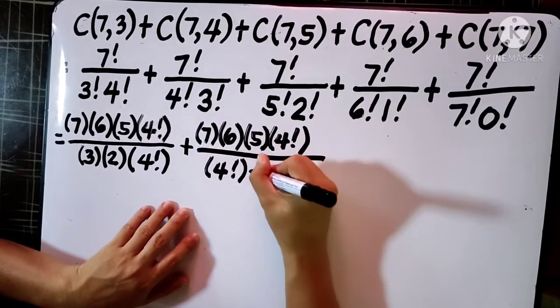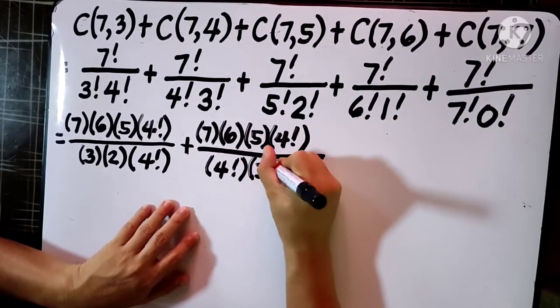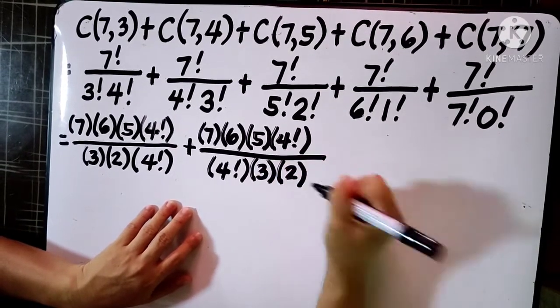Then 3 factorial will be expanded. This will become 3 times 2.